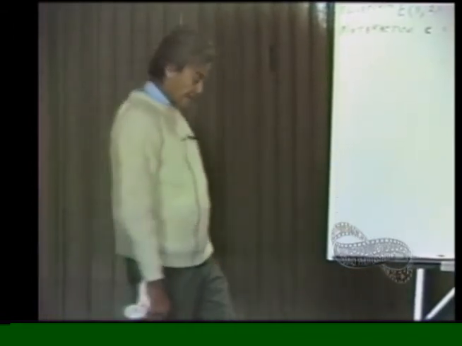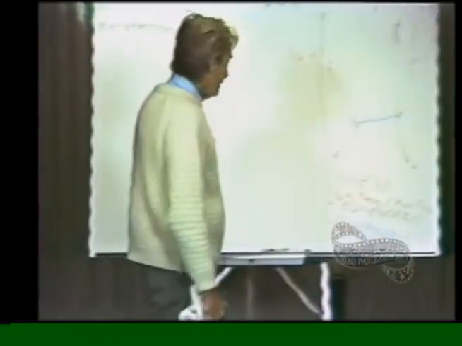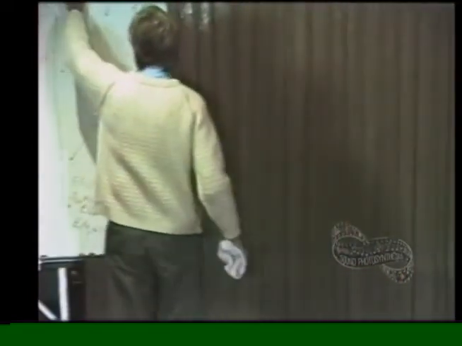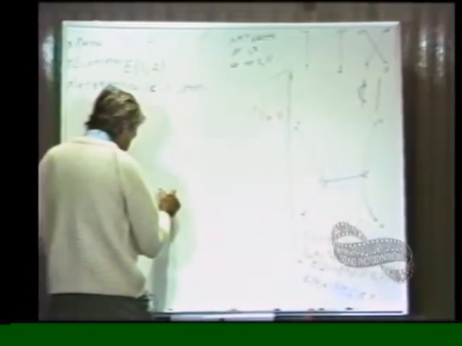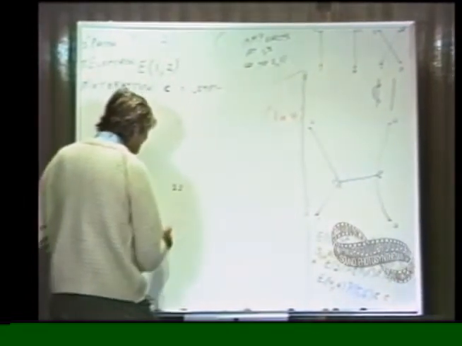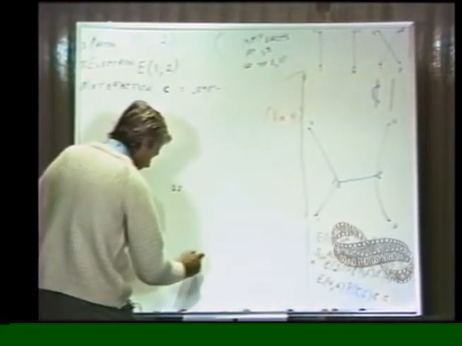Let me show you something. That means that two electrons can't come to the same point. Two electrons can't get to the same condition. Because suppose that these 2 points were very close together. These 2 points are very close together, 2 and 4. And I come from distant 1 and 3.